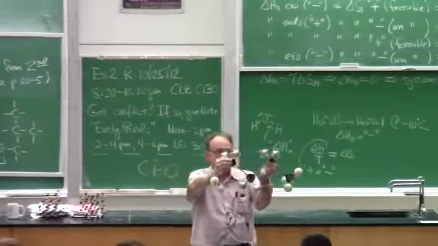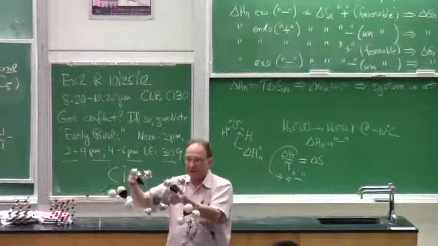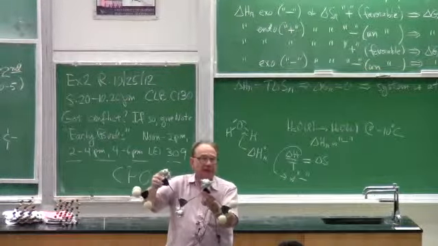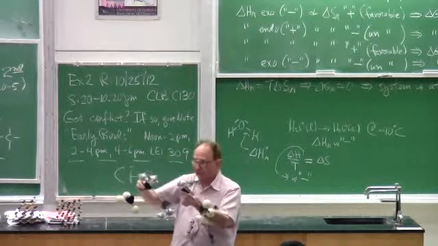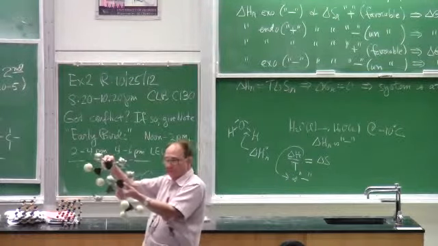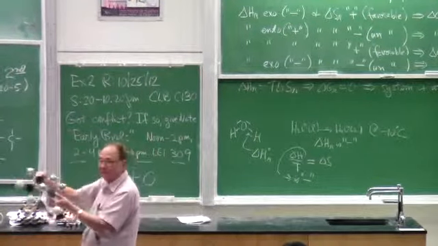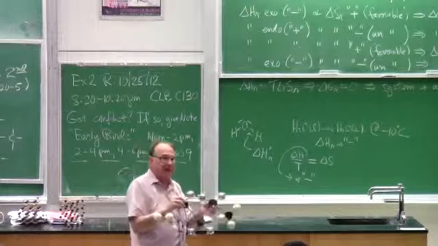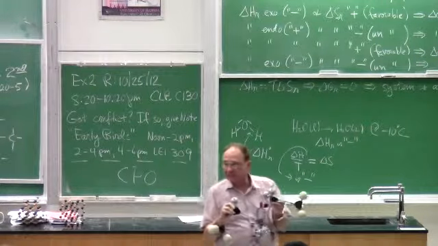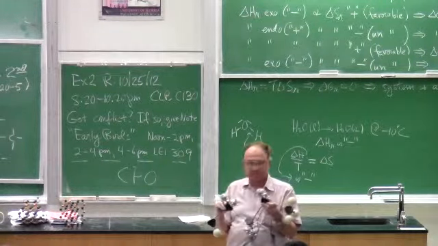Carbons are simulated by these black, rather prismatically shaped, tetrahedrally shaped parts. Because the carbon atoms in C5H12 are each hybridized how? sp3, tetrahedral geometry. Okay?